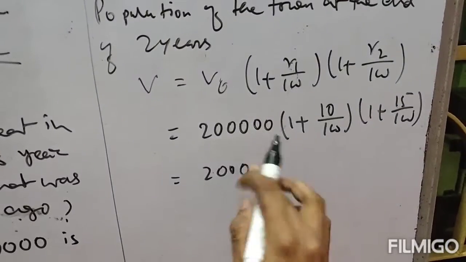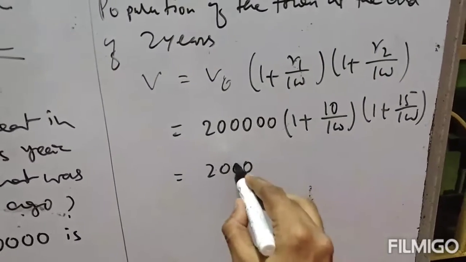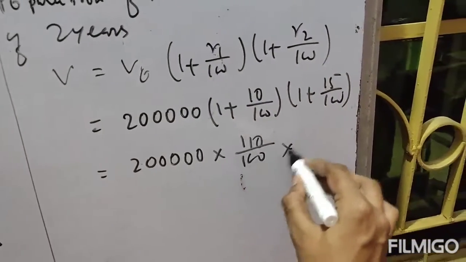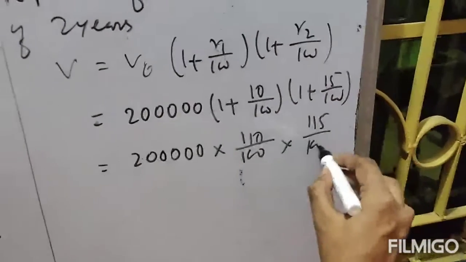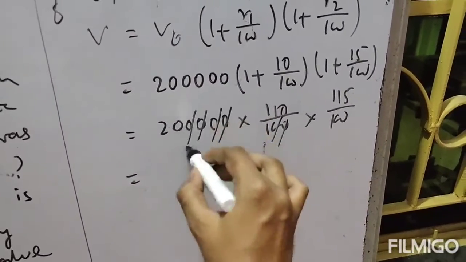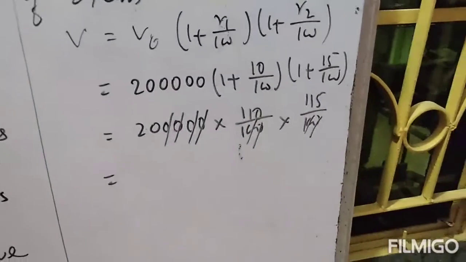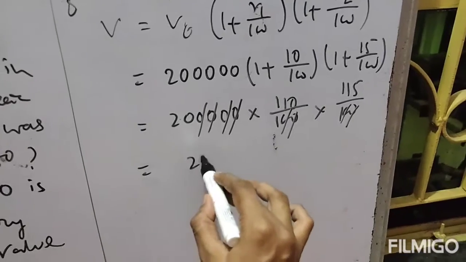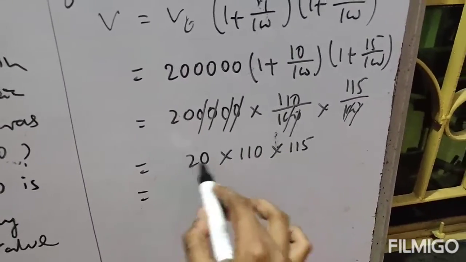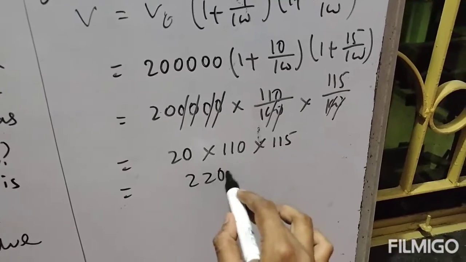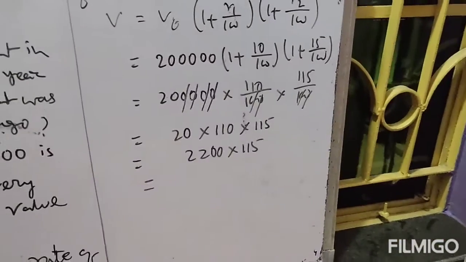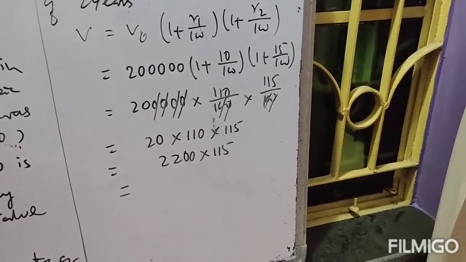So 1 plus 10 by 100 is 110 by 100, and 1 plus 15 by 100 is 115 by 100. Just simple LCM, this is 100. Now reduce zeros, two zeros from each. So this is 20, this is 110 and this is 115. So 2 elevens are 22 and double 0, so 220 times 115.